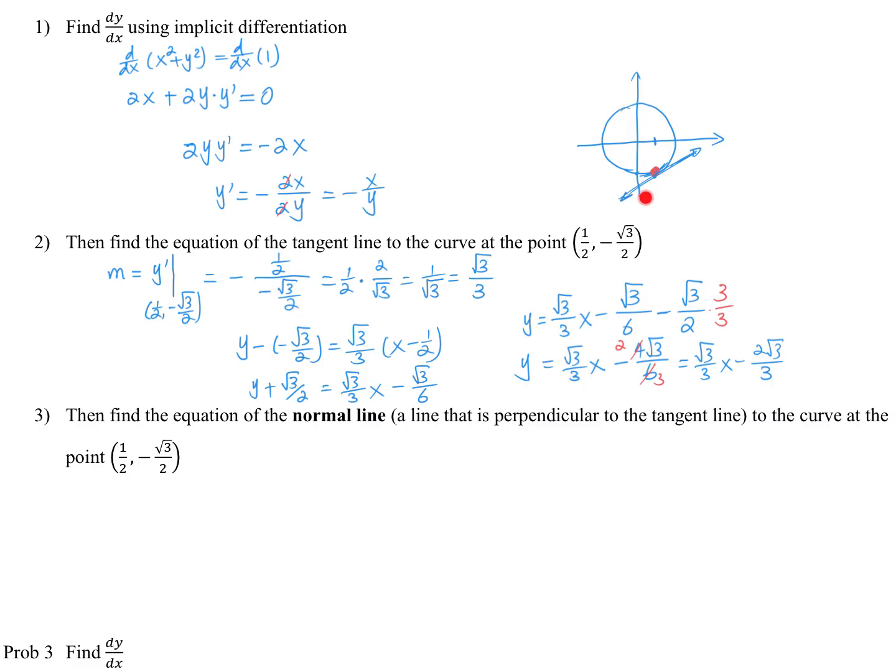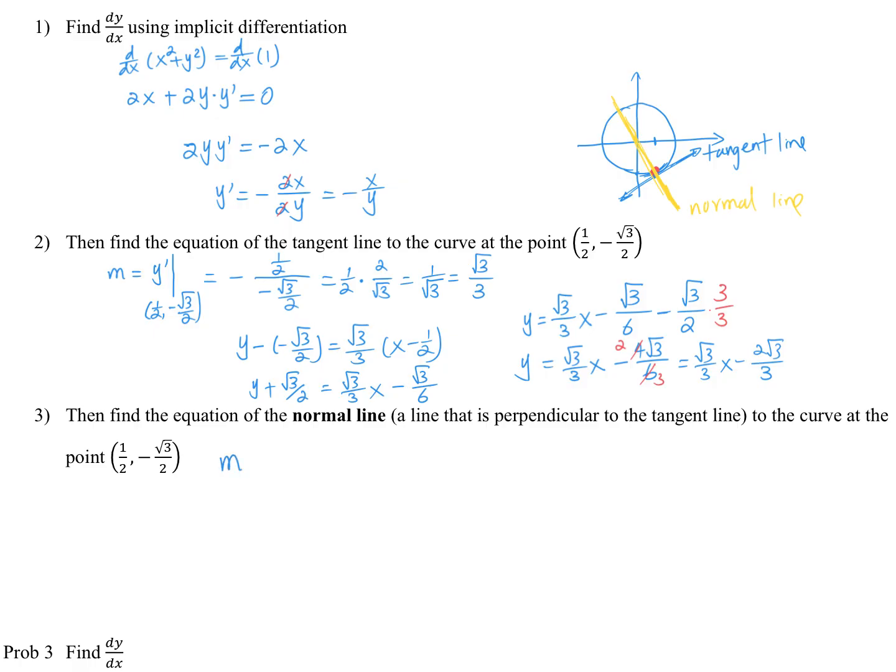I'm going to show you here on this graph. The normal line is actually perpendicular to this tangent line, okay? And this is the normal line. Earlier one, that's the tangent line. To find it, we need the slope.